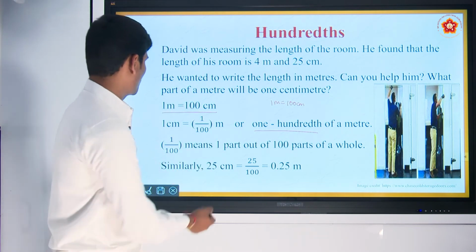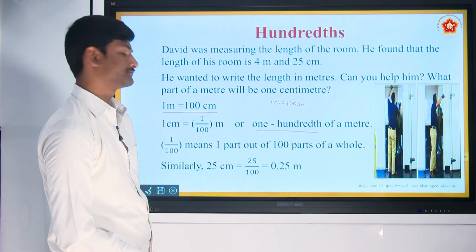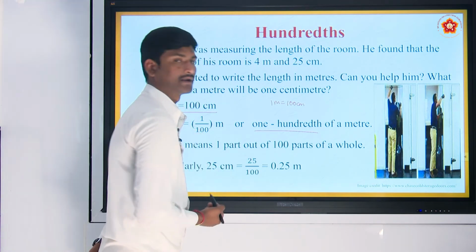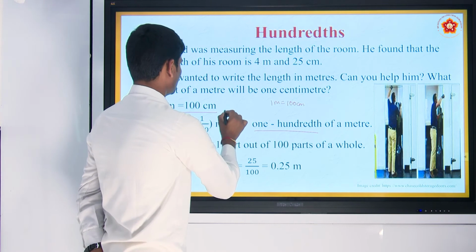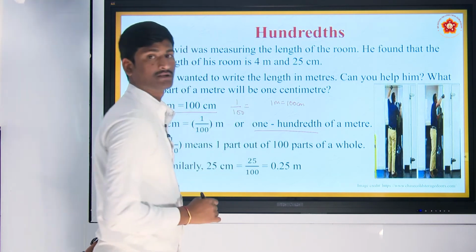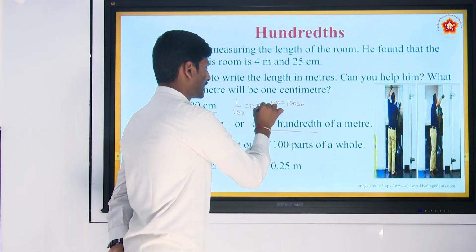Similarly, 1 centimeter is equal to 1 by 100. 25 centimeters is equal to how much? 25 divided by 100. Here 1 by 100 in decimal is 0.01.